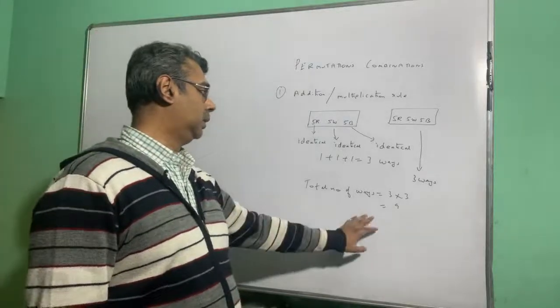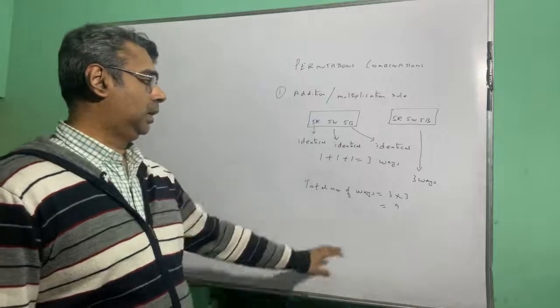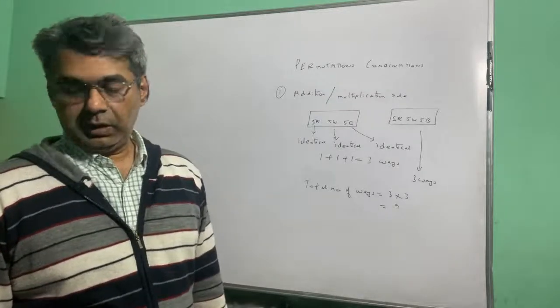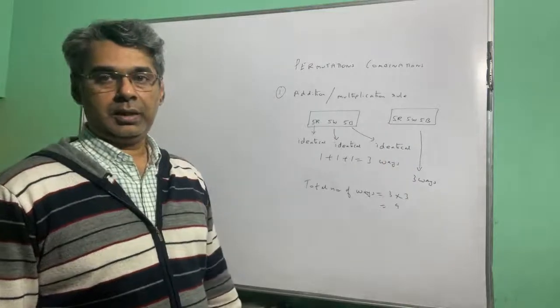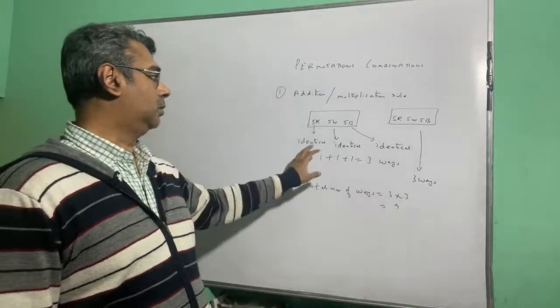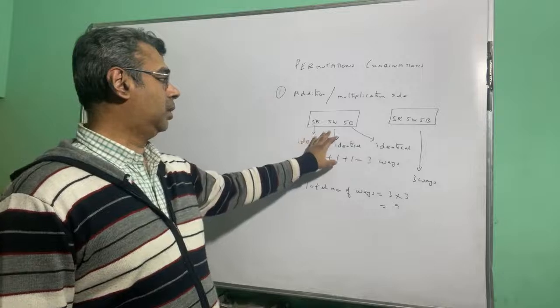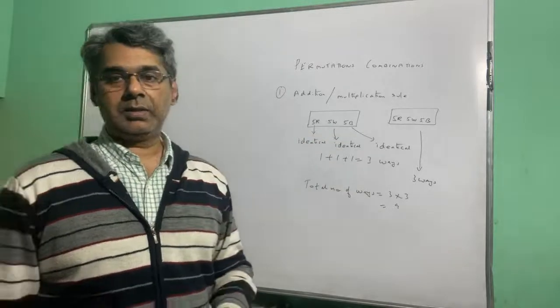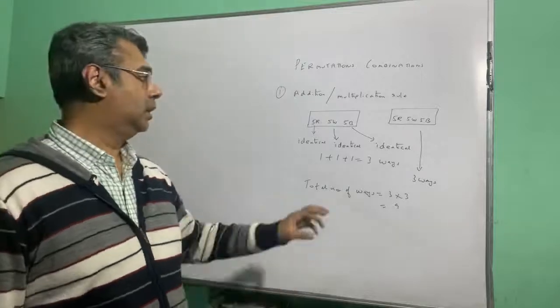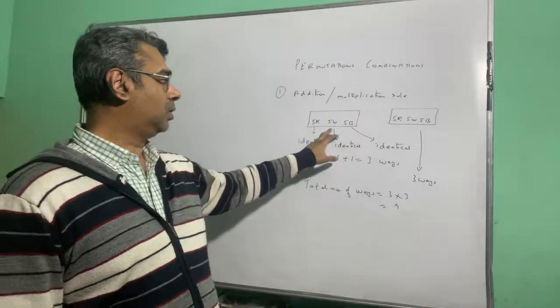The multiplication rule applies when one event follows the other, then you do multiplication. But when it is either this or this or this, then you do addition. So remember, addition rule means when it is either this or this or this.